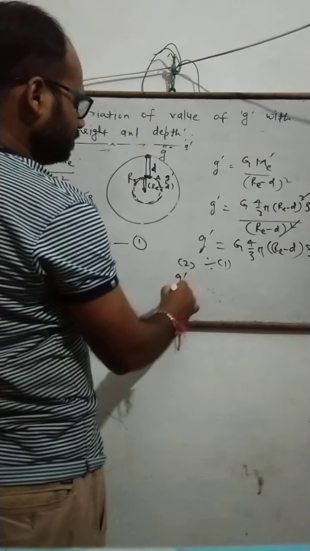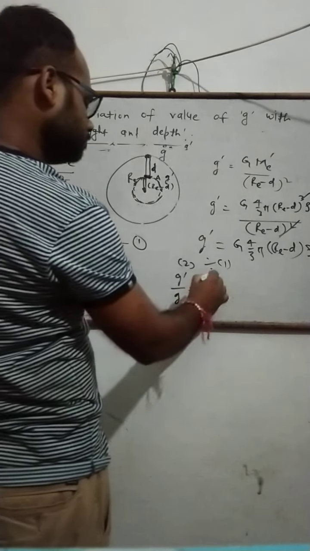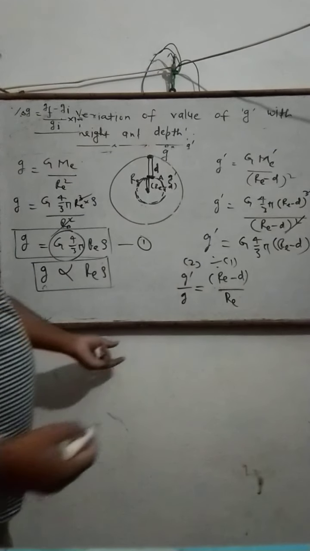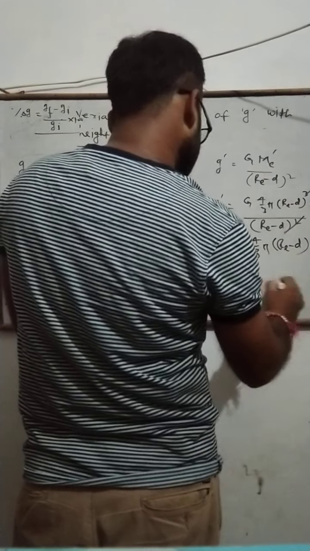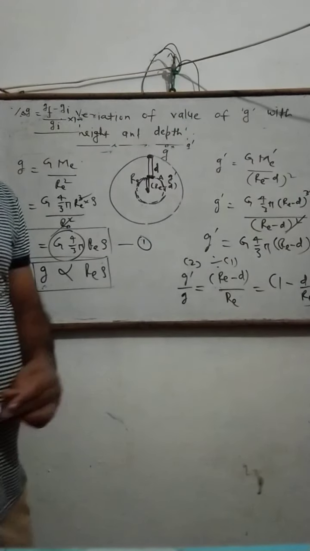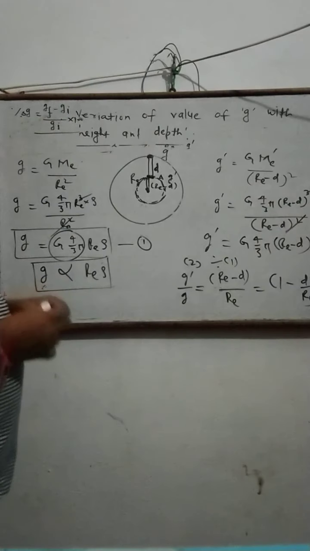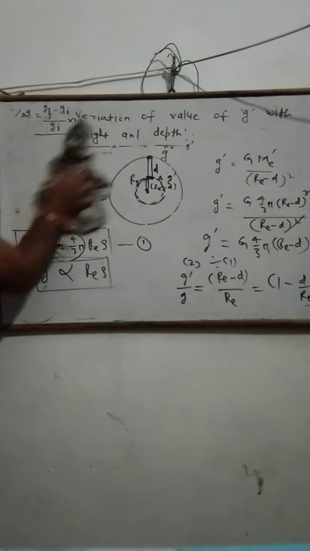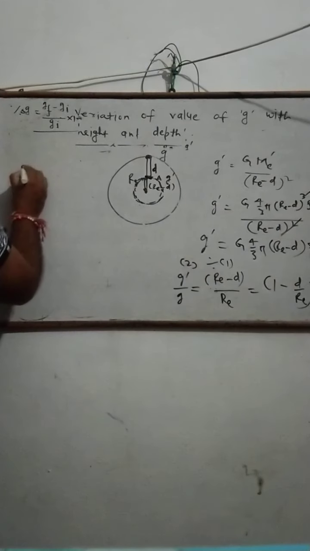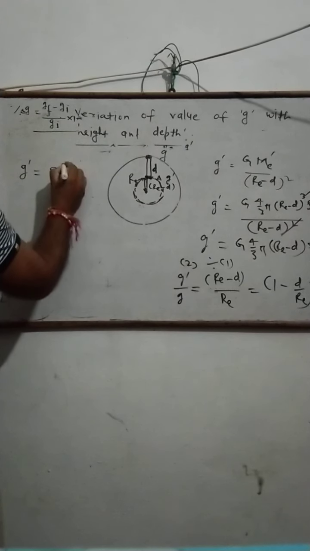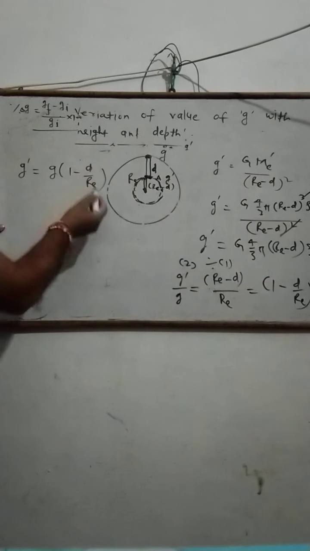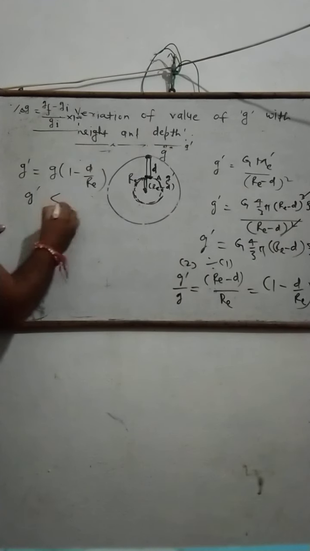What will you get? g dash by g equals (RE minus d) by RE. So here this will be 1 minus d by R. So you can write g dash equals g (1 minus d by R), and this value is also less than 1, so g dash will also be less than g.